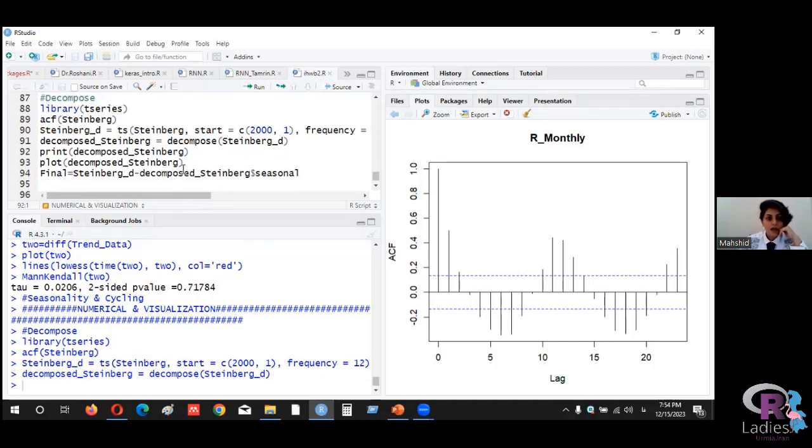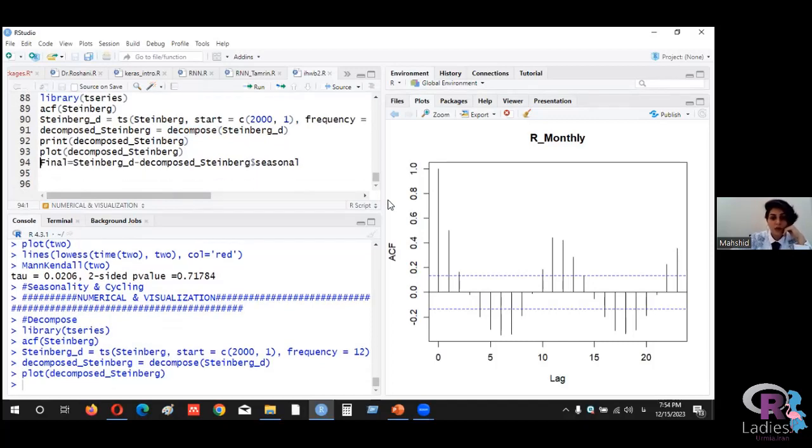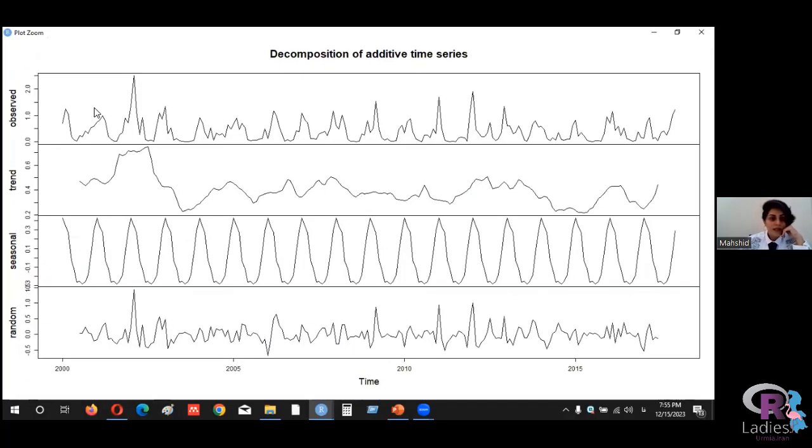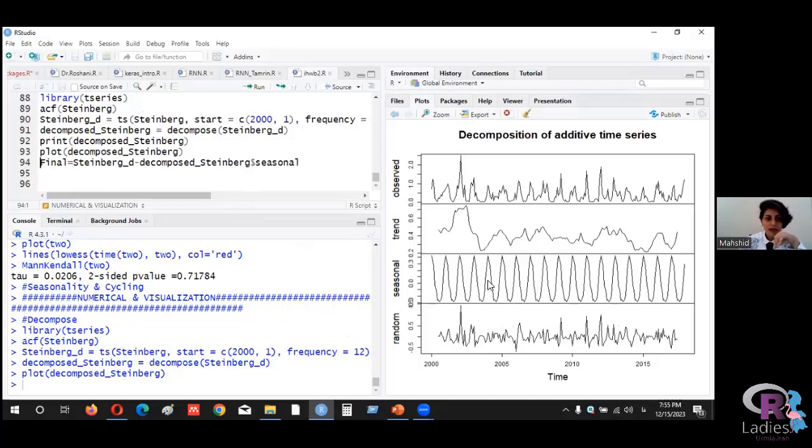If I plot the decompose function, here you have this is the main graph of the observation. And this part is the seasonality part of the graph. So, by subtracting the seasonality part from the observation, we will have a time series without any seasonality.